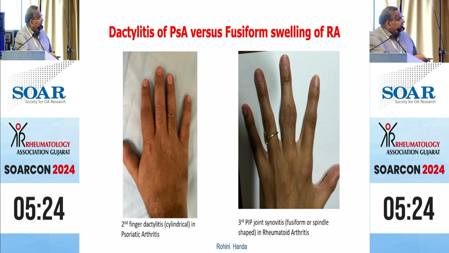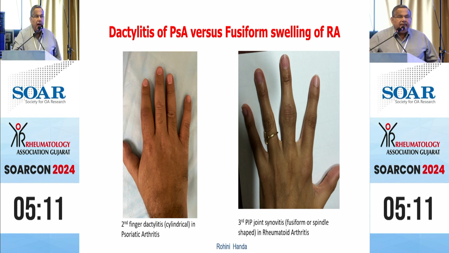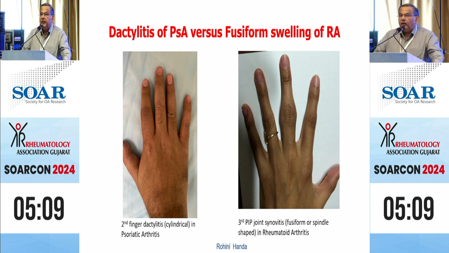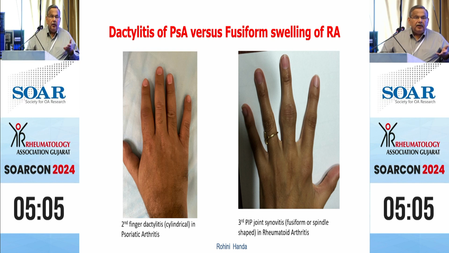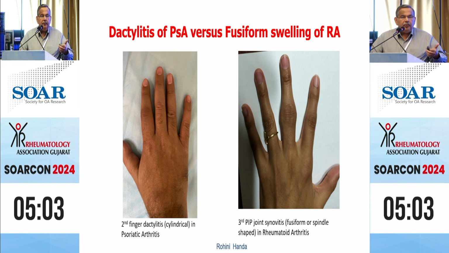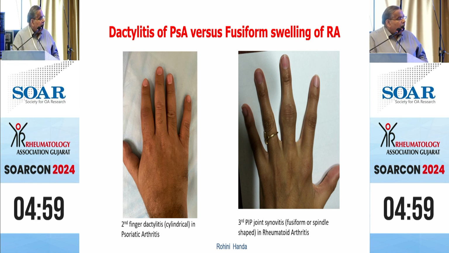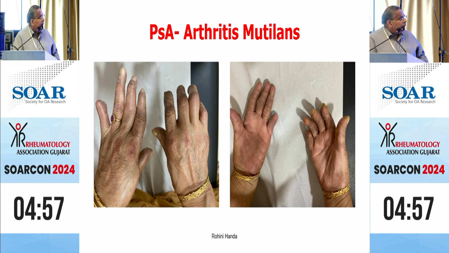Clinical examination. This is the fusiform swelling of rheumatoid arthritis, plump in the middle, slender at the extremities, and in contradistinction what you have is the sausage digit or a cylindrical swelling of psoriasis. And if you learn to look at the toes, sometimes you get a toe which is a classical sausage toe, and you can then make a diagnosis.